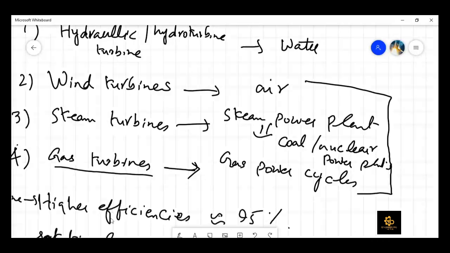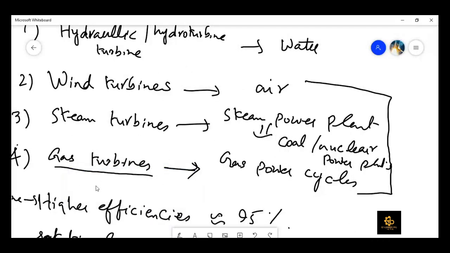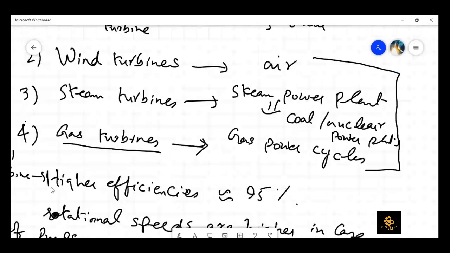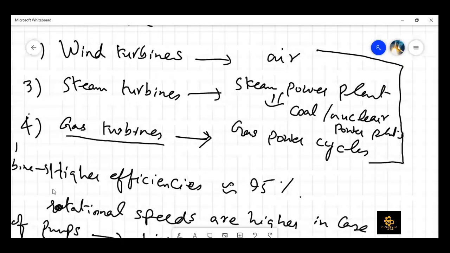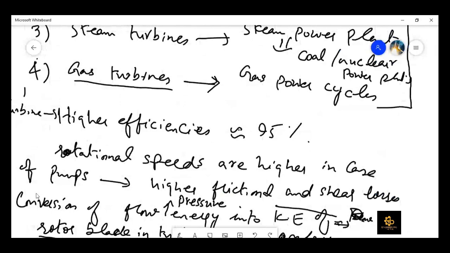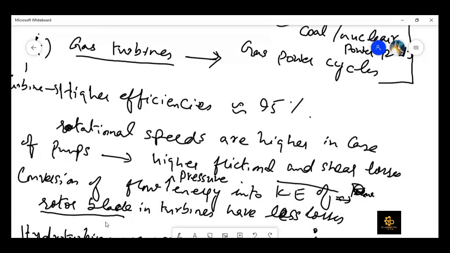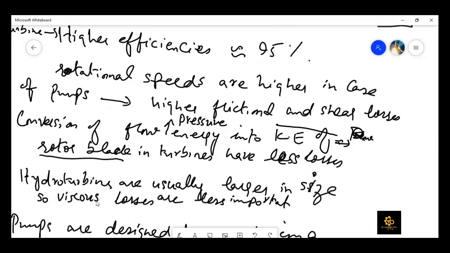Then the efficiencies of turbines are usually higher. We discussed that there are many reasons for that. Rotational speeds are higher in the case of pumps, while they are lower in the case of turbines, so we have lower frictional losses in turbines. Then conversion of flow pressure energy into kinetic energy of rotor blades in turbines has less losses, and additionally hydro turbines are usually of larger size, so viscous losses are less important.